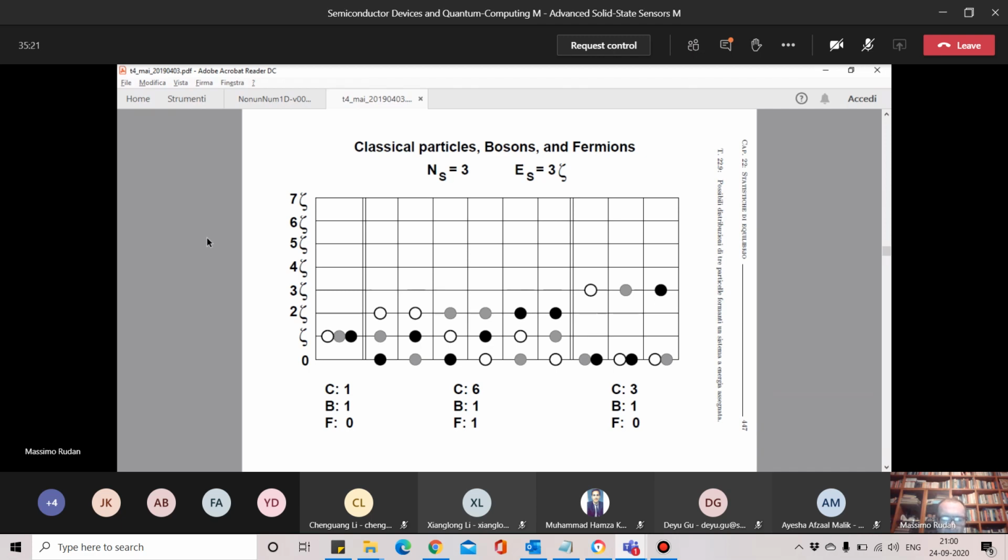But they have one more property, and this property is that they don't like to stay together. So it is forbidden to place fermions in the same state. State indicates energy and spin, okay? So two fermions in a system of fermions cannot have the same energy and spin at the same time.